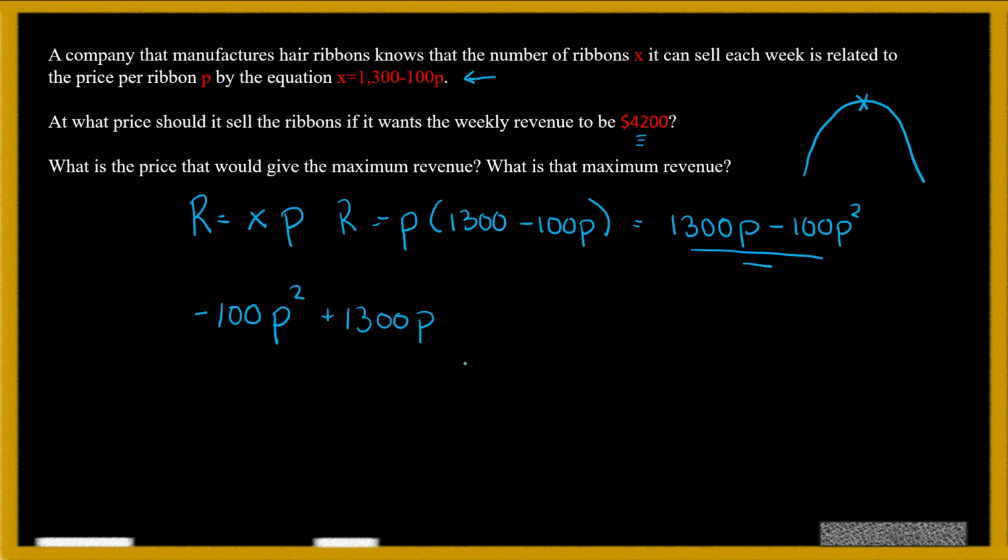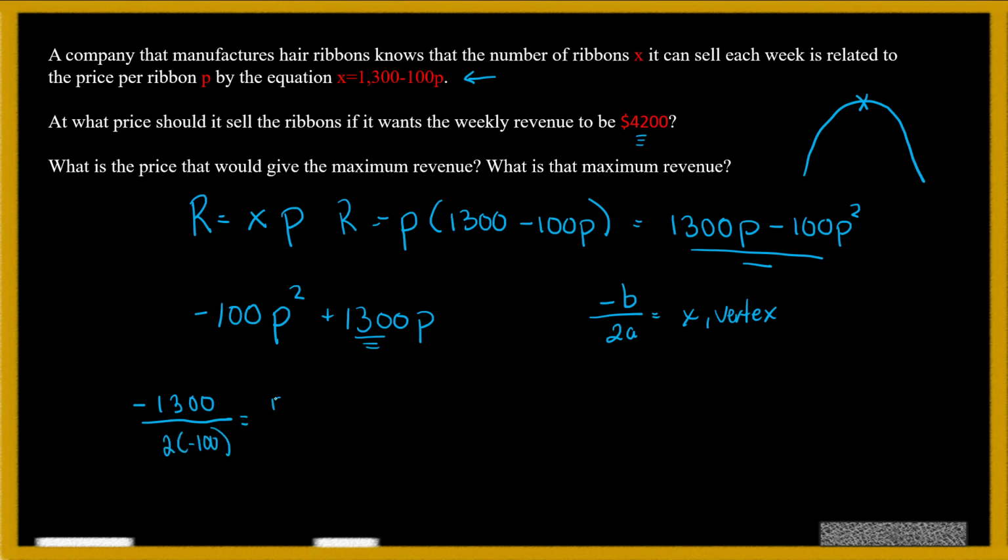There are two ways that I can do this. I can rewrite it in vertex form, or, since I'm not required to do that, I can use the negative b over 2a formula to find the x value of my vertex. My b is going to be 1300, so negative 1300 divided by 2 times negative 100.